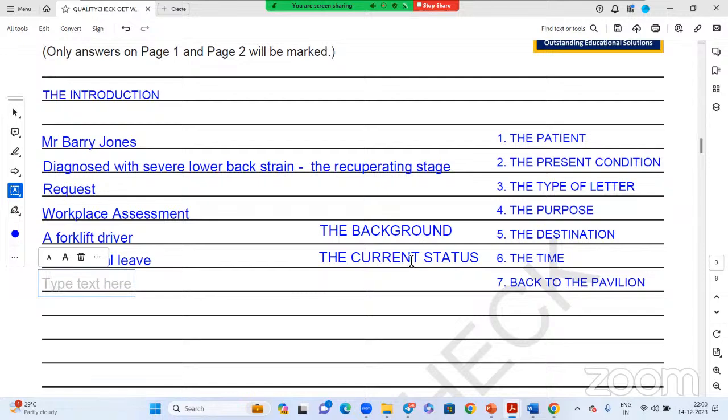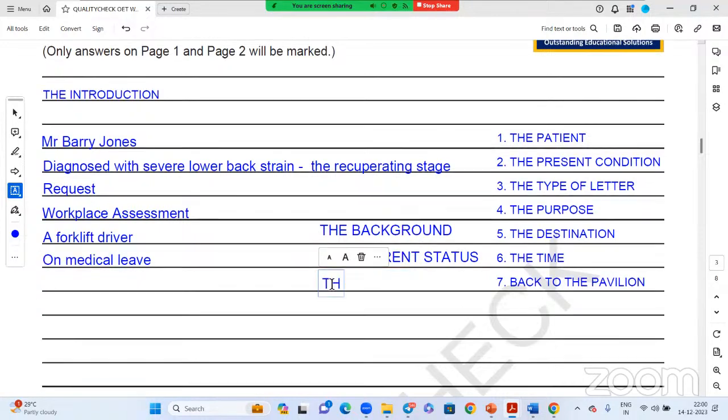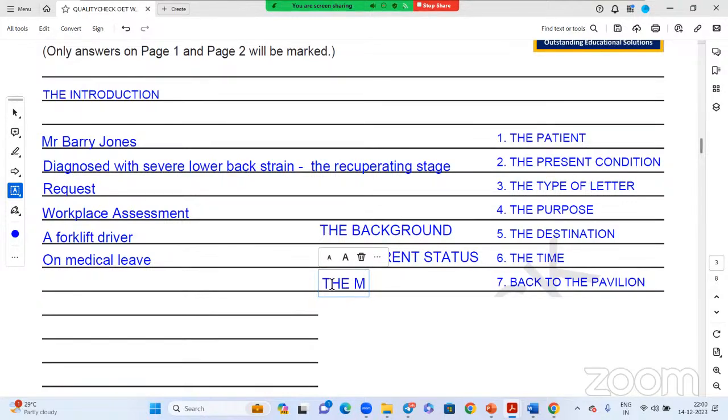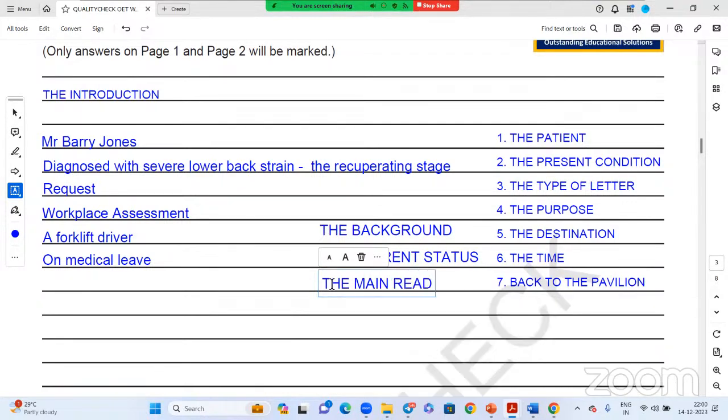That's the current status. And the next one, the reason behind. What is the reason behind this problem? The main reason behind this big problem.